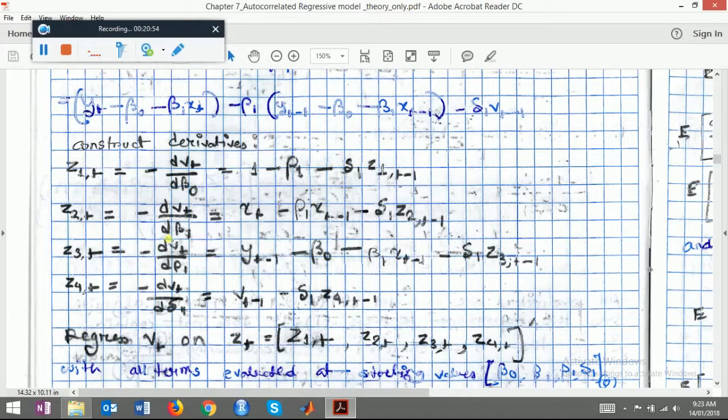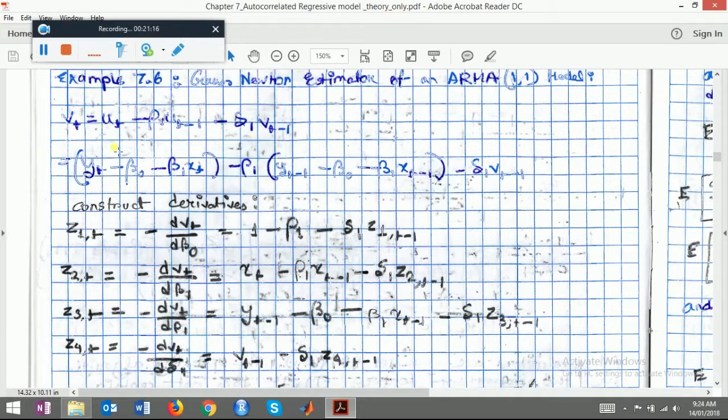Then z2 is for beta 1, which is this portion, this equation that we already are familiar with. Then delta 1 z2 t minus 1. Z2 t minus 1 is just taking t minus 1 of the whole equation here, right? Exactly the same thing, because this is Vt.